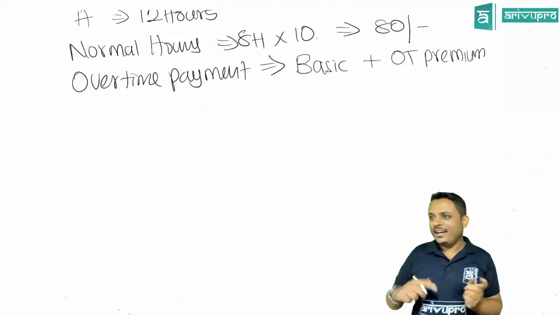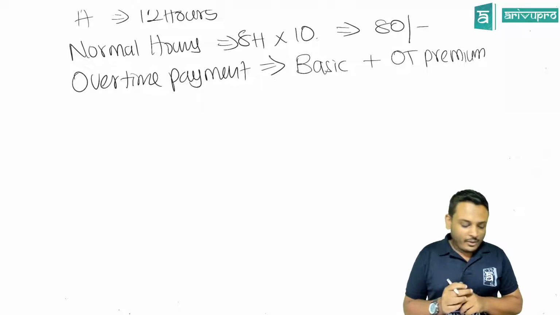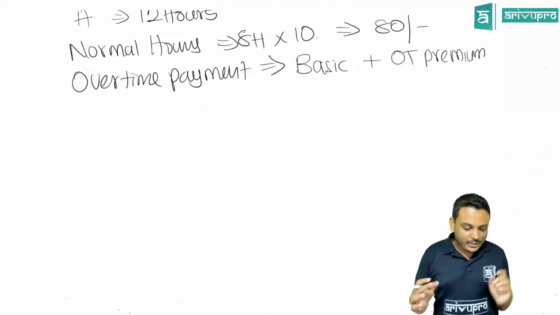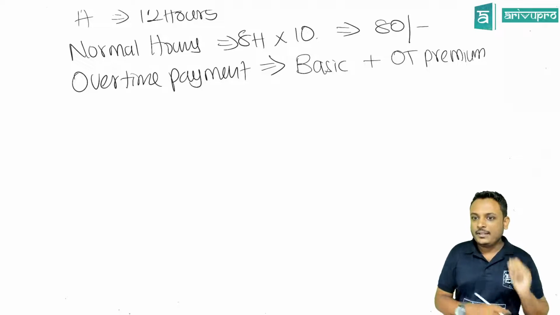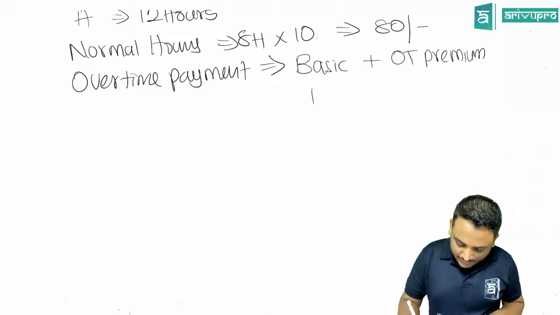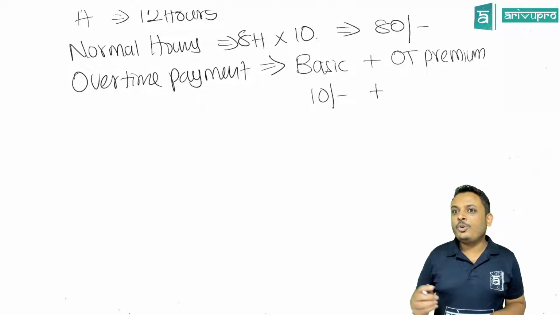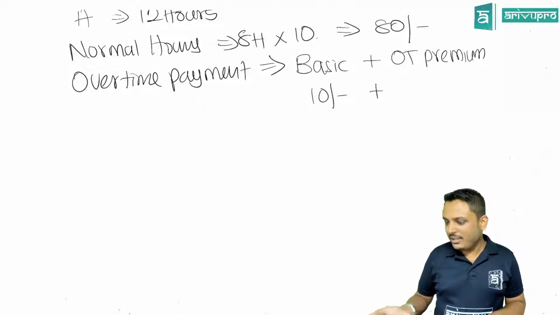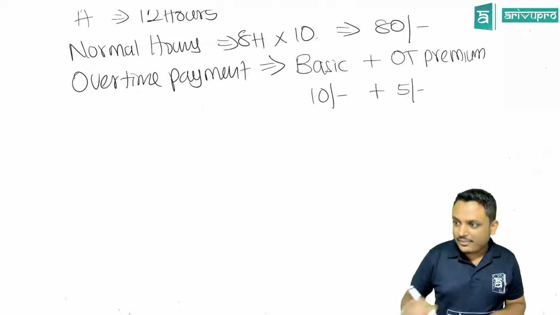I said 1.5, right? 1.5 times higher than the basic. Okay. Fine. In this particular example, what is your basic rate per hour? 10. Premium how much? Premium should be 1.5, right? Basic is 1 and the half is how much? 5. You got my point?